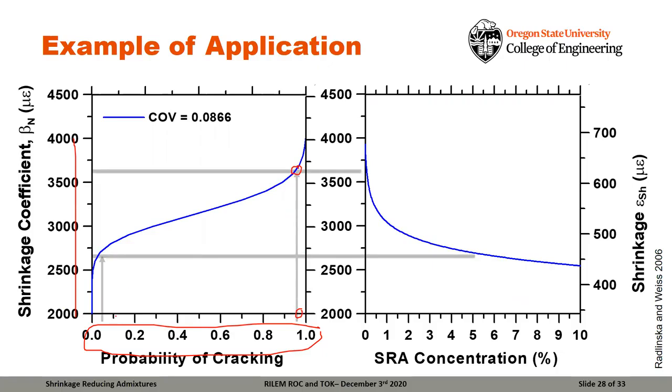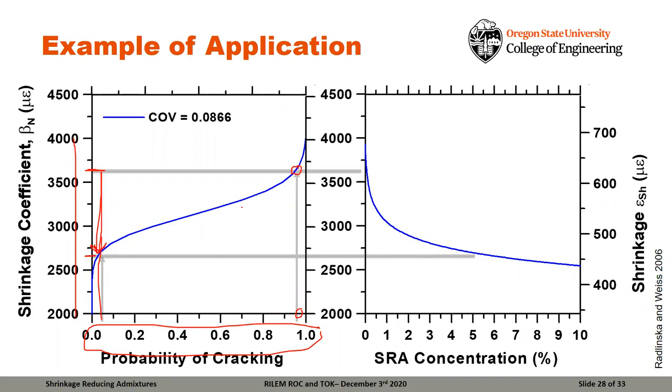If we wanted to reduce that probability of cracking down to 5%, we have to reduce the shrinkage from this value here, about 3,700 microstrain for the paste, down to this value down here, which would be about 2,700 microstrain. So we want to make a reduction in the shrinkage.